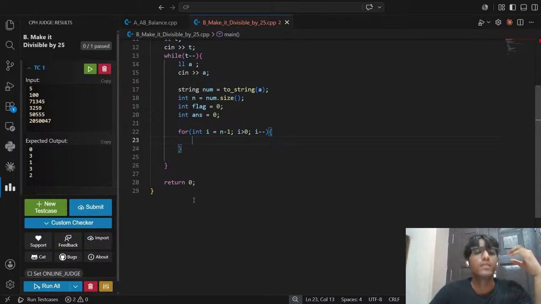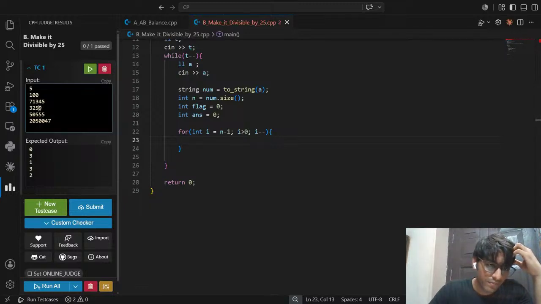What is that solution? Is there a sliding window approach that we have to make?